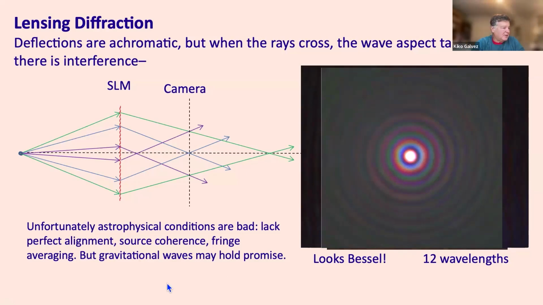That's another challenge: the telescopes themselves average out the fringes, because they are approximately the size of the wavelength. Gravitational waves will make things a little different.